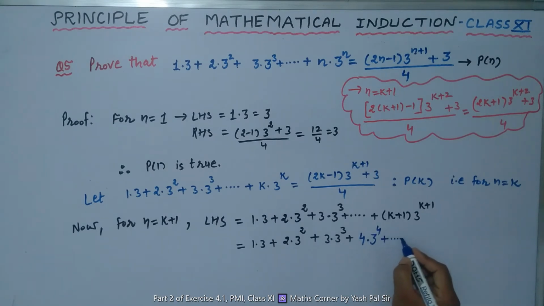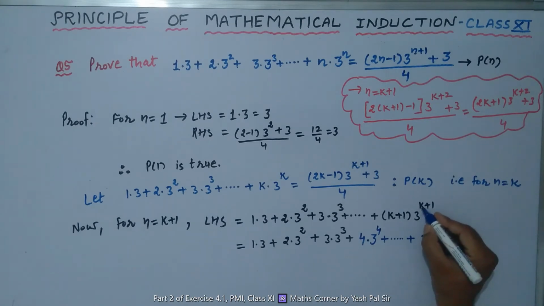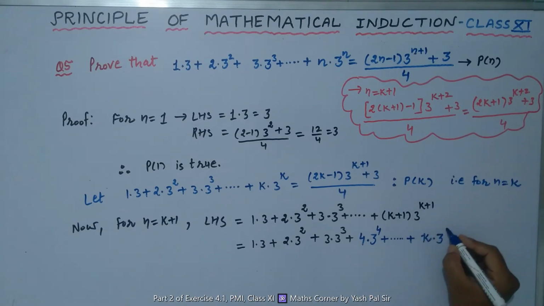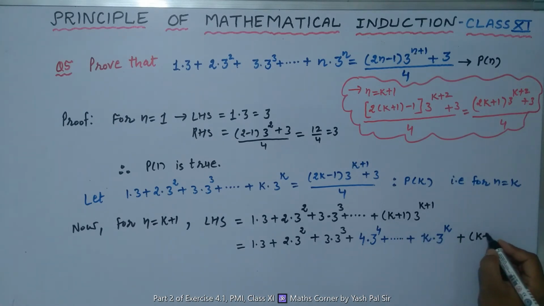Similarly, and so on, what should be the previous term of this last term? Before k plus 1 this should be k, that is k into 3 raised to power k, and the last term as it is, (k plus 1) into 3 raised to power k plus 1.